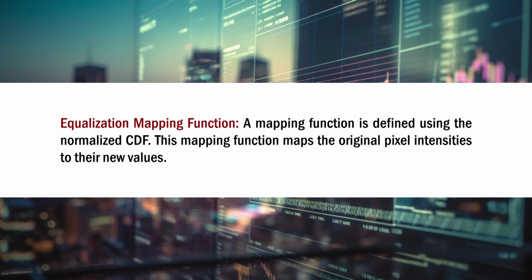The mapping function is defined using the normalized CDF. Unless we normalize the CDF, we cannot perform the equalization, so first of all we have to do the normalization. After that, this mapping function maps the original pixel intensities to their new values. The mapping ensures that the entire range of intensity values is well distributed, leading to improved contrast.